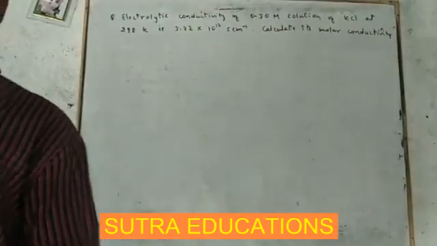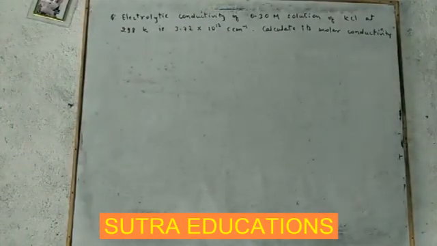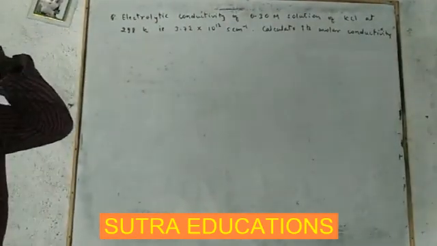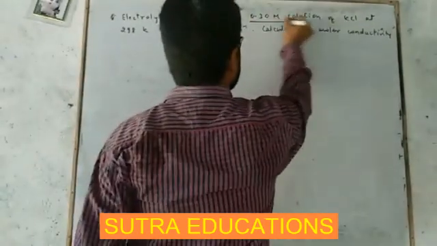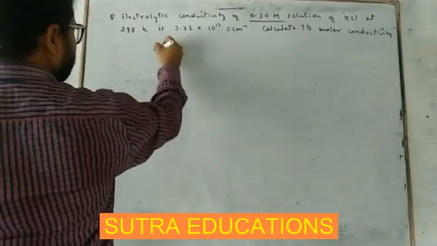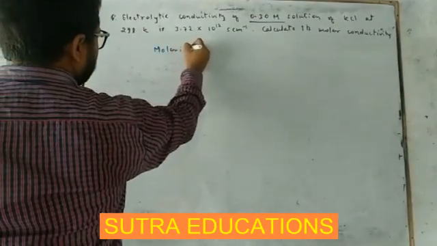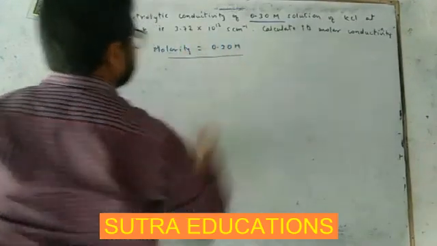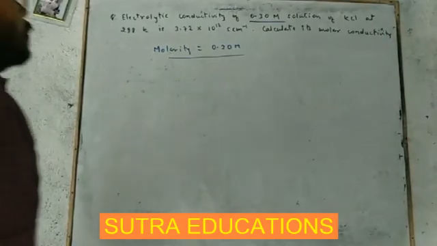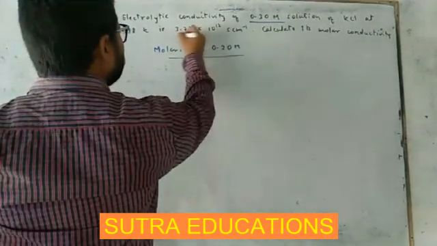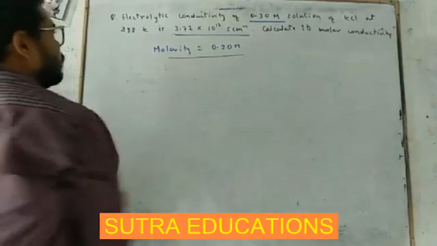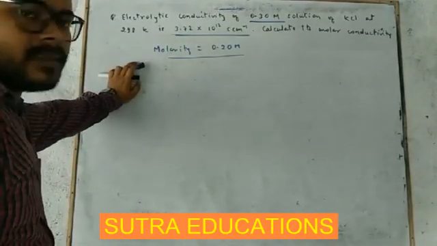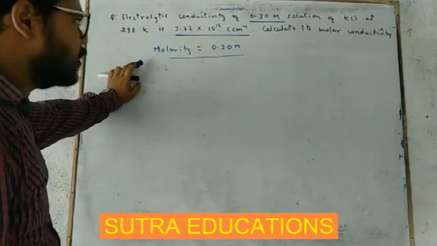So we have to calculate molar conductivity, and we have given molarity of the solution, and it is 0.30 molar. Electrolytic conductivity is given. I told you conductivity is specific conductance.